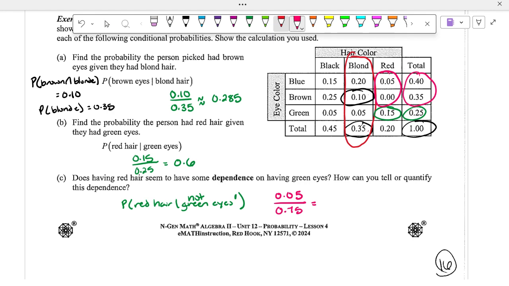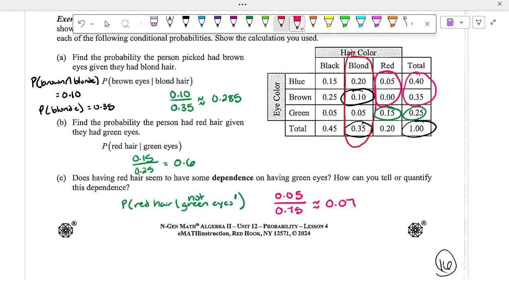So if you divide that fraction, what would you get? We based it off of the blue and brown eyes, so these two circles right here. So it'd be about 0.07, 7%. Good.